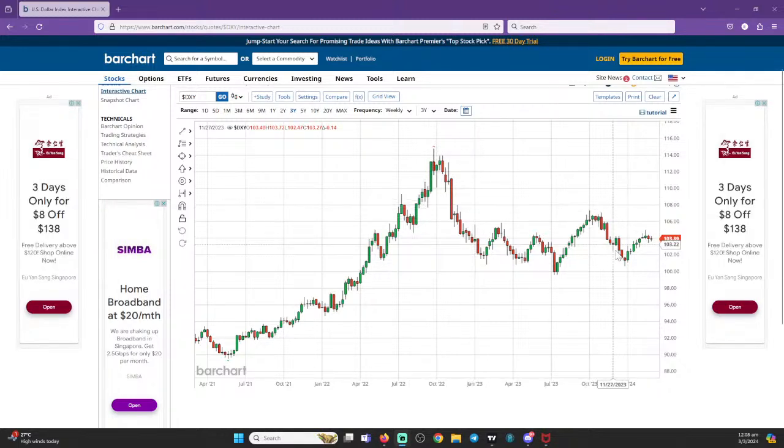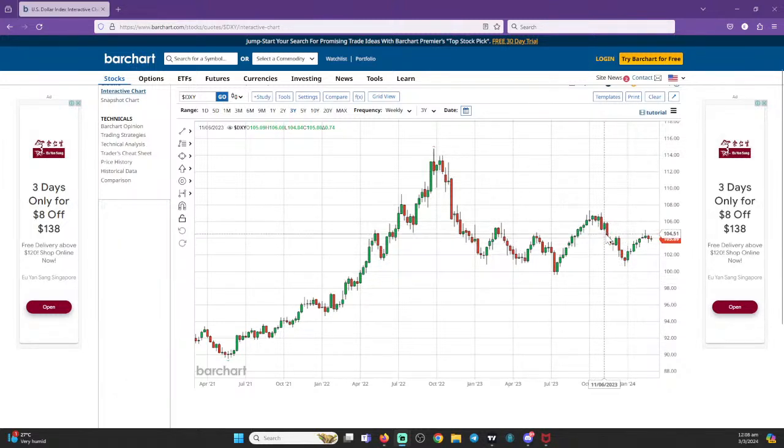Overall, if you take a look at the dollar, it's in a consolidation, so consolidation always leads to expansion, and I want to try to pinpoint which direction it's going to attack first.